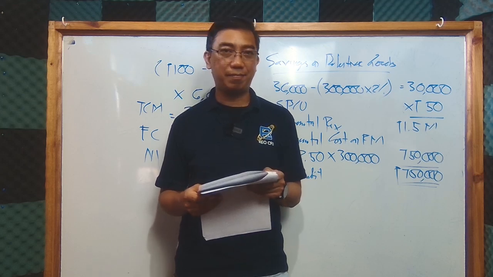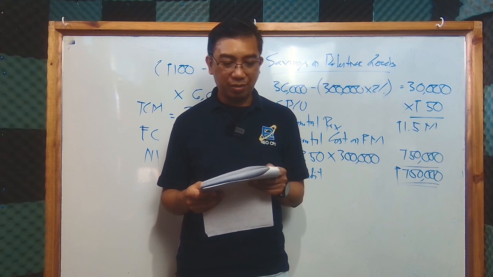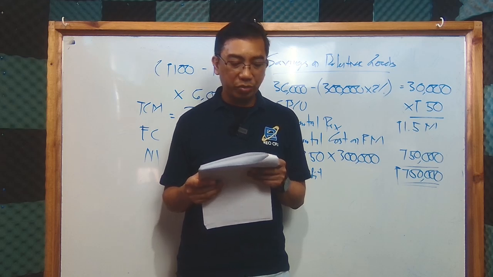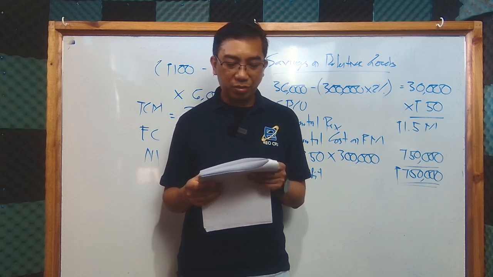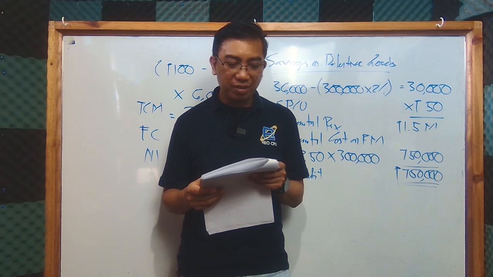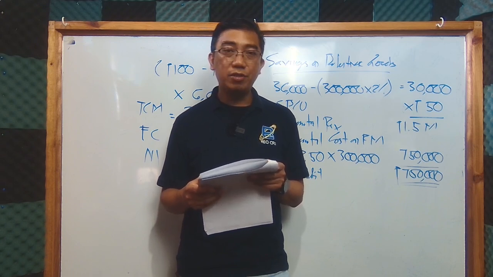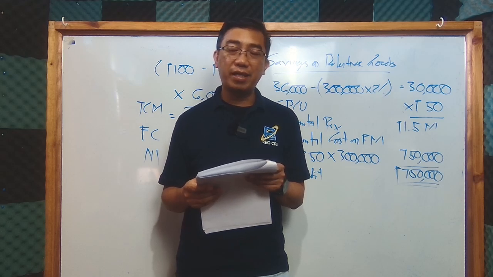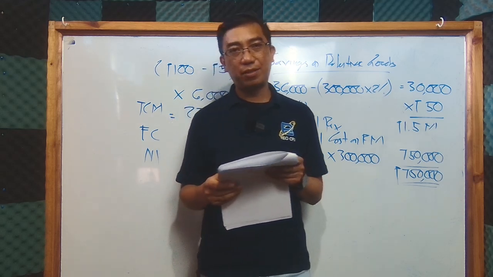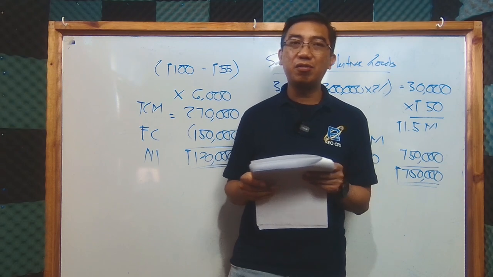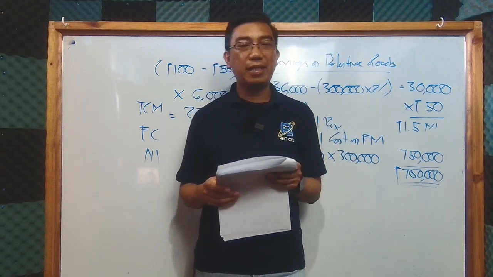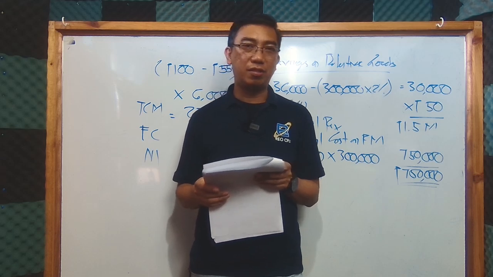Class, alam natin na the opportunity cost is 10 pesos per unit. Kasi 80 pesos to manufacture, 70 pesos per unit to buy. So in this situation, it's better for us to buy kasi cheaper siya ng 10 pesos. Di ba? So if you decide to continue making, you will lose the 10 pesos which will become opportunity cost.